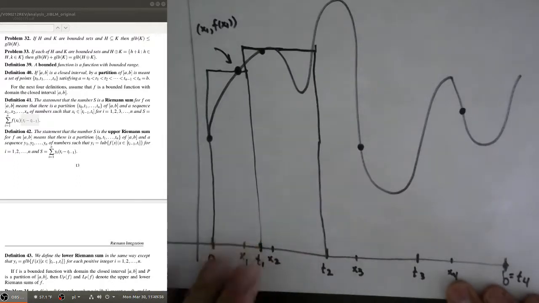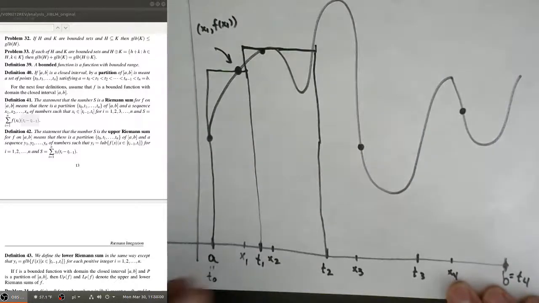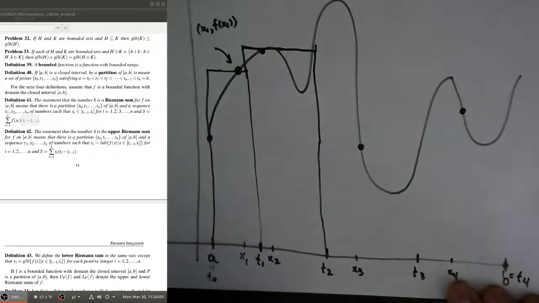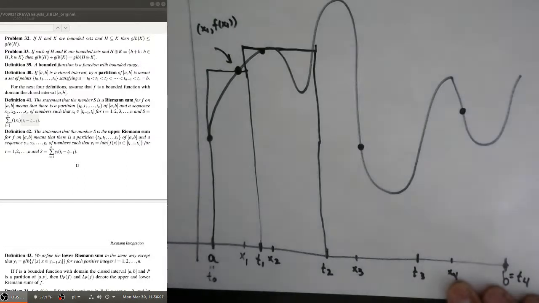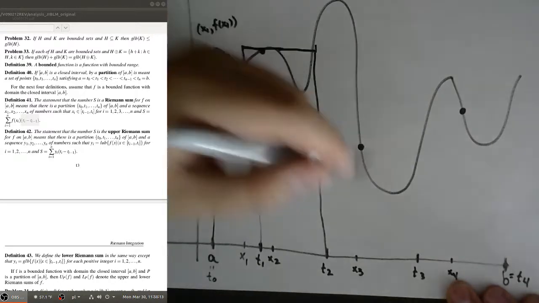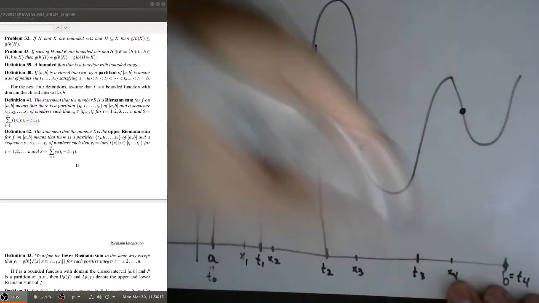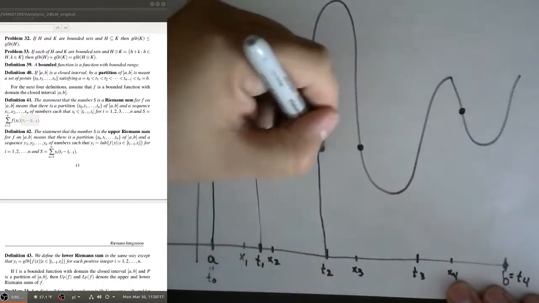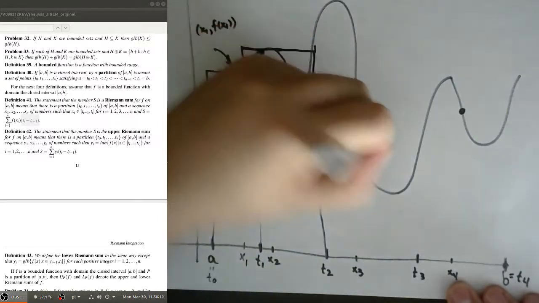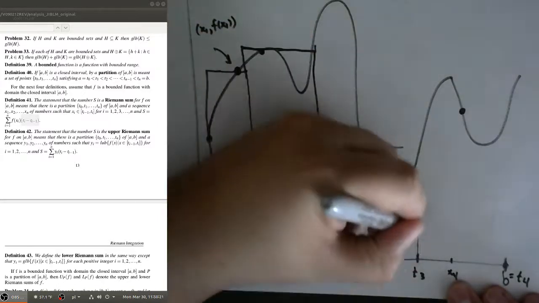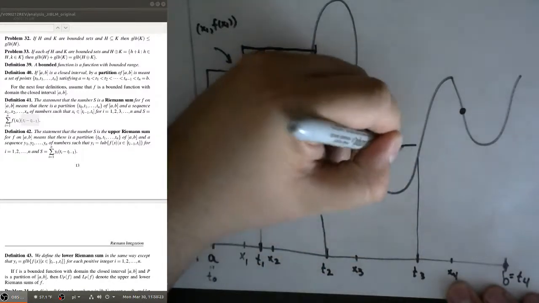There's nothing requiring them to be the same in the definition we have. It's just a convenient thing in Calc 1 for low-level freshman, sophomore math people to pick something simple to construct. The next interval is this wide, and it's going to start at this height determined by x3. So we go across, we go up, and we get this rectangle here, no problem.